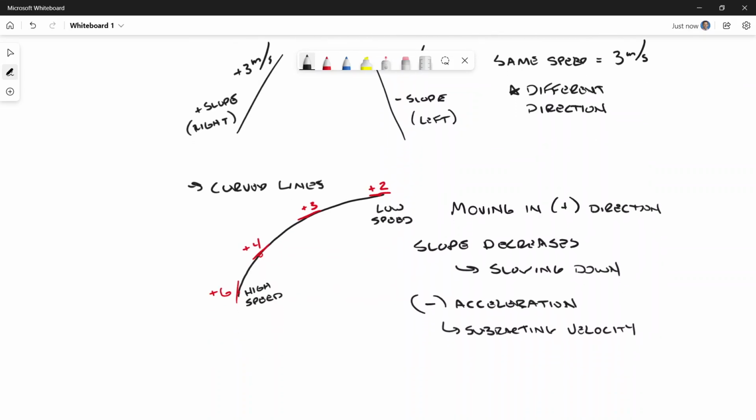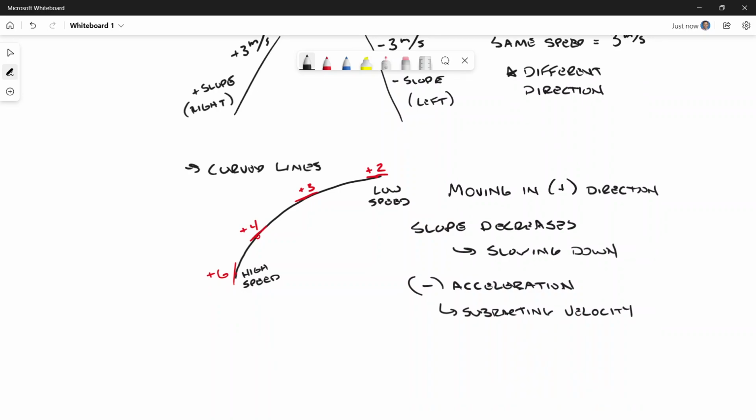Now, another way you can slow down, well, what if I move it in the negative direction? Well, we could get a slope, a curve that looks like this. This is also an object that is slowing down.